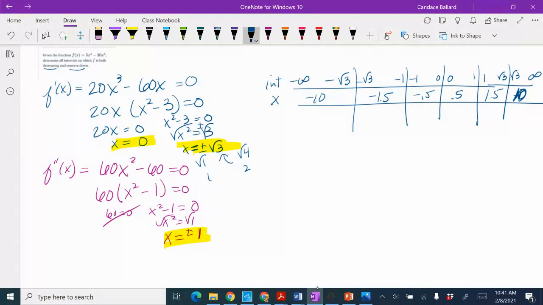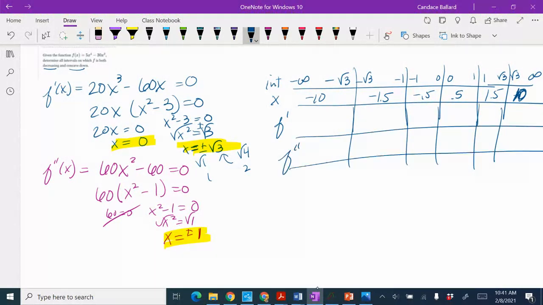Then I have to decide what is going on with my first derivative, what's going on with my second derivative, and then what is going on overall with my function. I am going to plug into the most simplified version of my first derivative. When I plug in -10, x is negative, but -10 squared minus 3 is going to be positive.